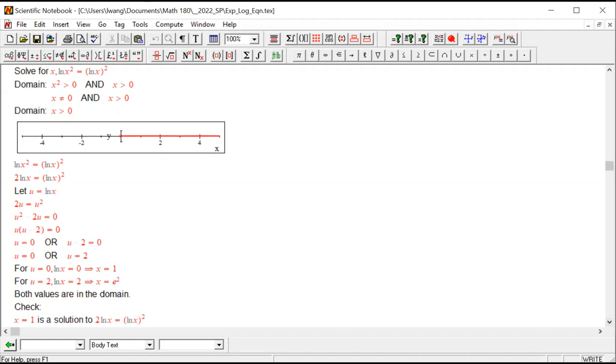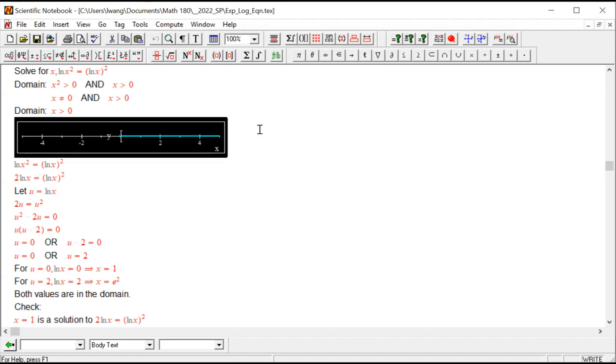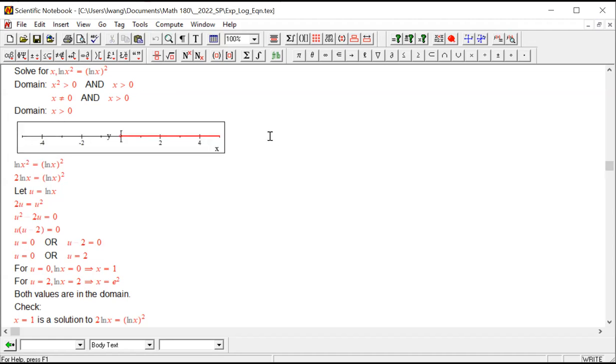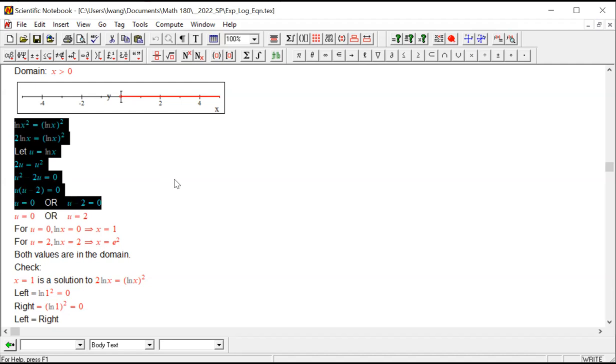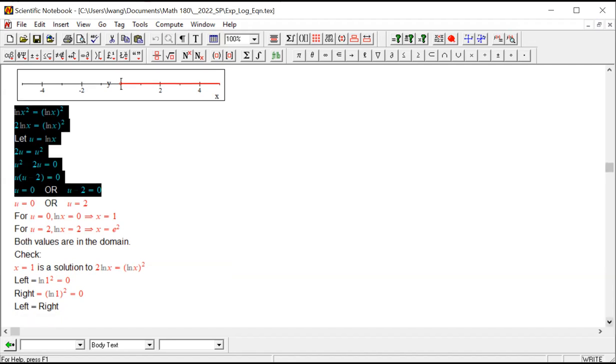So you determine the domain. Graphing the domain is not necessary. Okay, I put it here, right? You don't have to. This is sufficient. Then you solve it. Okay, is it possible not to solve it using these? Sure, you can solve it without introducing u, okay? No problem. And if you like that way, go for it.